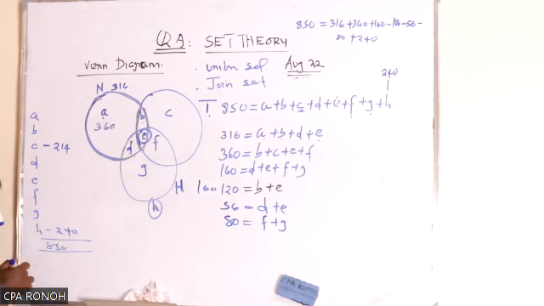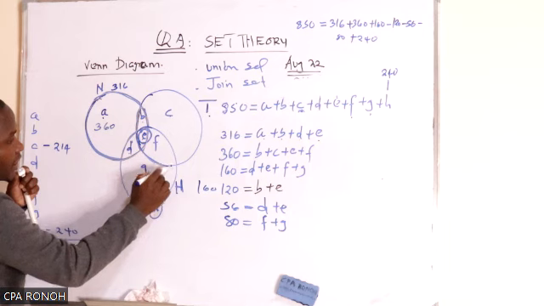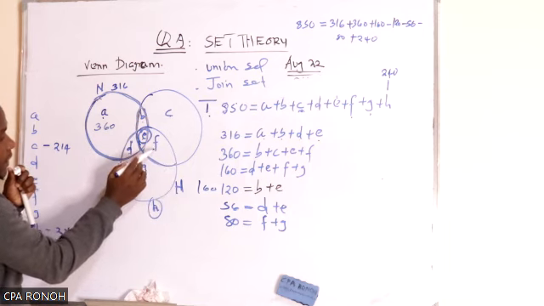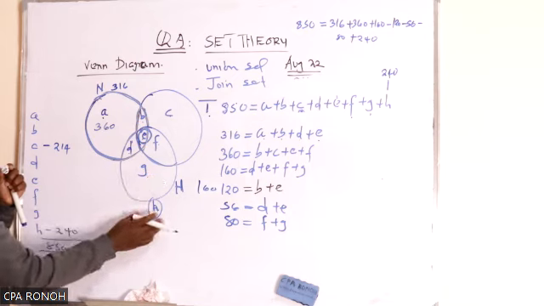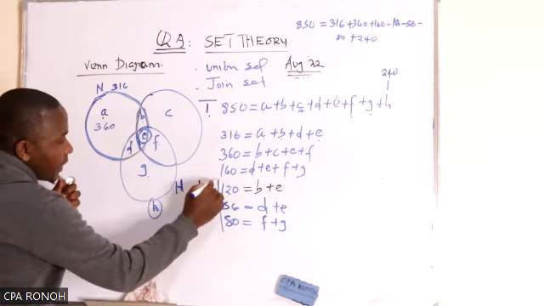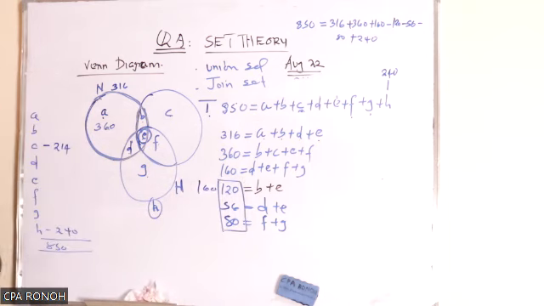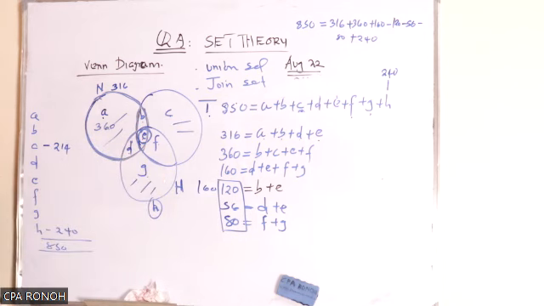Also, because there is another one coming here, that is FG, since FG is relating to orders. So I'm subtracting the union or the joint set so that I can remain with these values without the joint set.